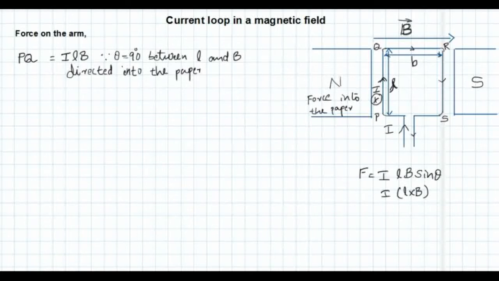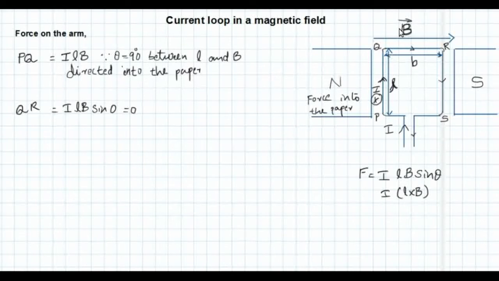Now similarly there will be a force on the arm QR, and for the arm QR we can see that this is the length of wire we are considering. This length of wire and the B are parallel to each other. Sorry, the angle between the length of the wire and B will be 0.